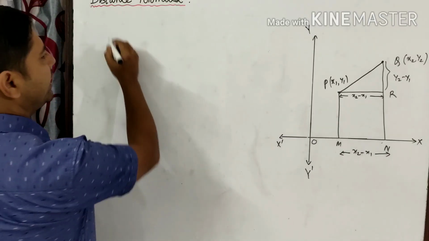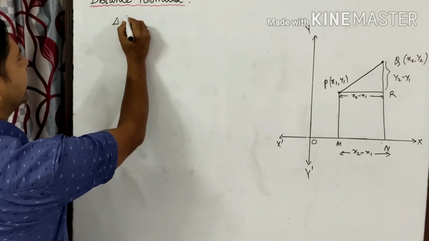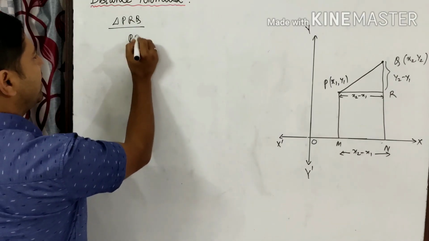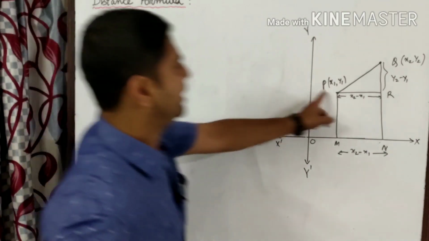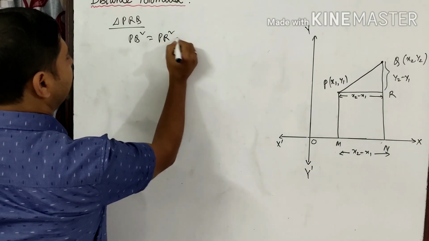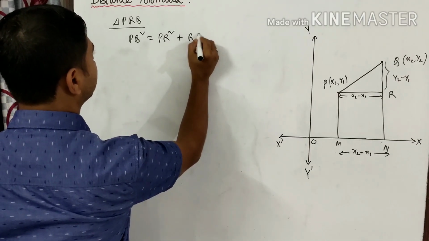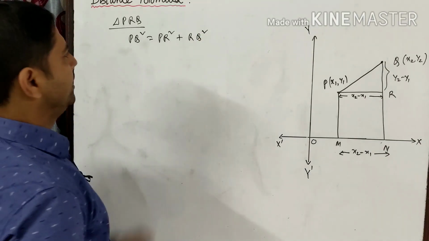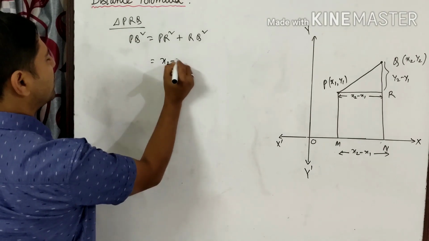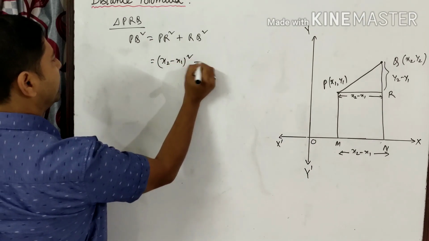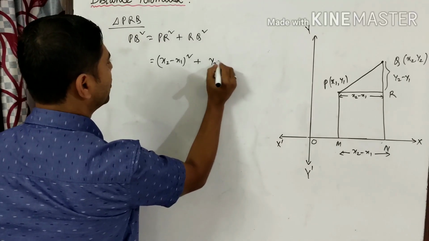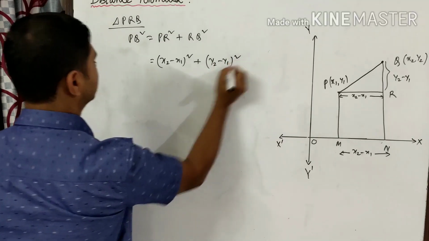According to Pythagoras theorem from the right angle triangle PRQ, PQ square, that is the hypotenuse, is equal to PR square plus RQ square. PR is equal to x2 minus x1 whole square, and RQ is equal to y2 minus y1 whole square.